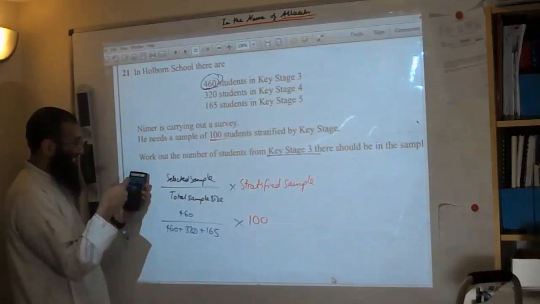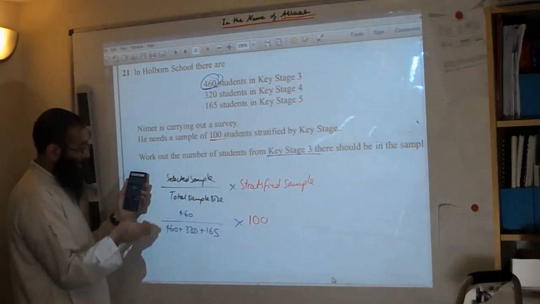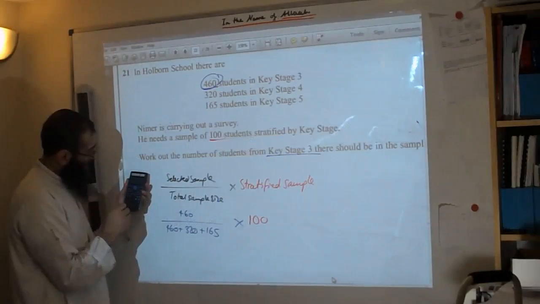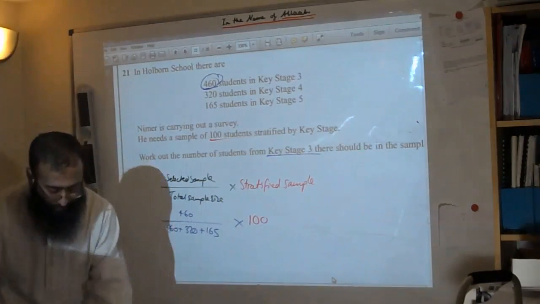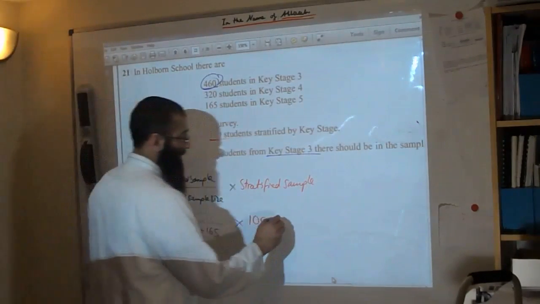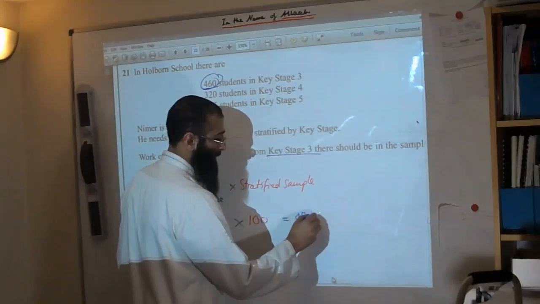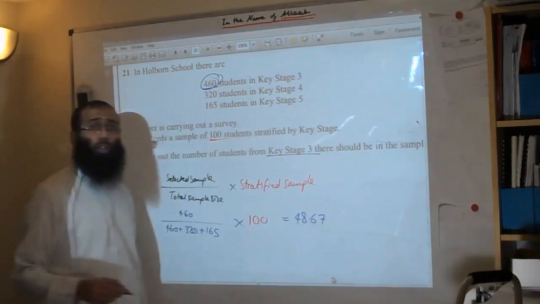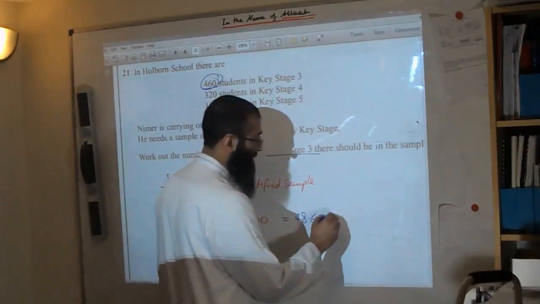What we see here is exactly what I can see in my calculator. Equals, and that gives us 48.67.